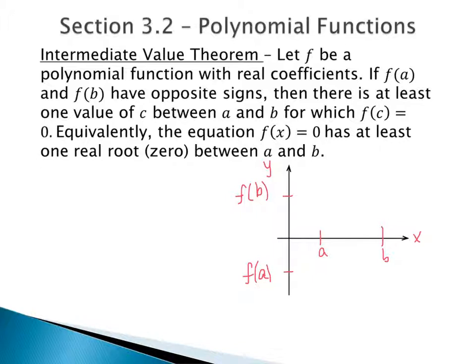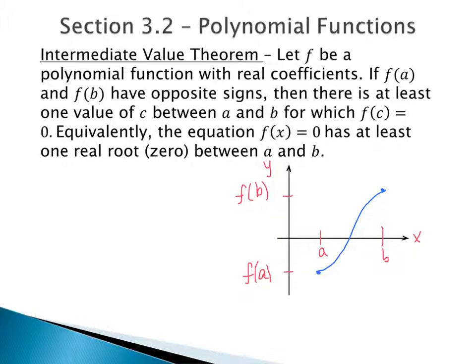Well, f of c equals 0 means that y equals 0. Y only equals 0 when we cross the x-axis. So if I have some point a, f of a down here, and then I have some point b, f of b up here, in order for it to be a polynomial function, it's continuous, so there's no breaks. That way the function would have to go from f of a up through f of b.